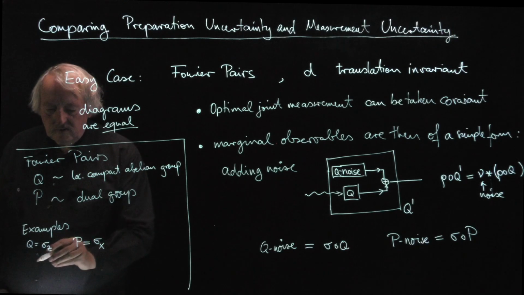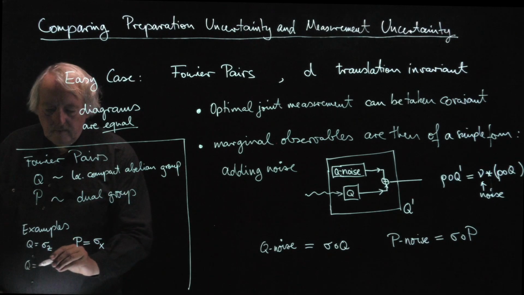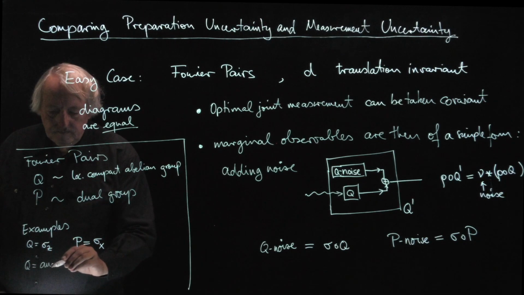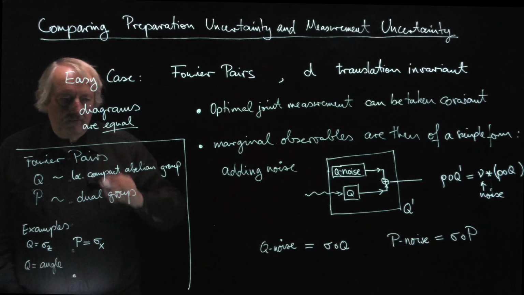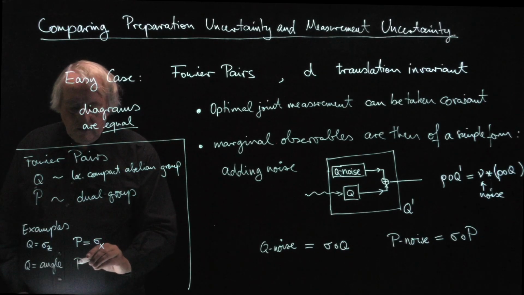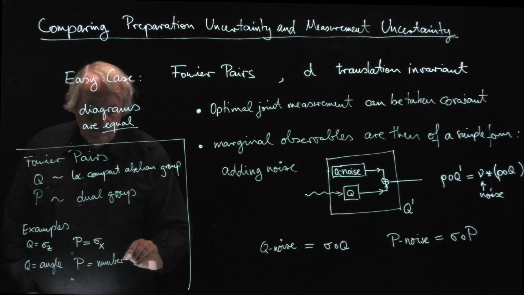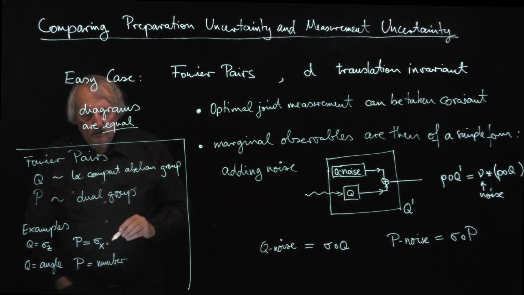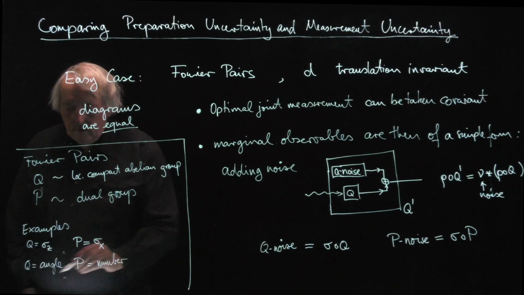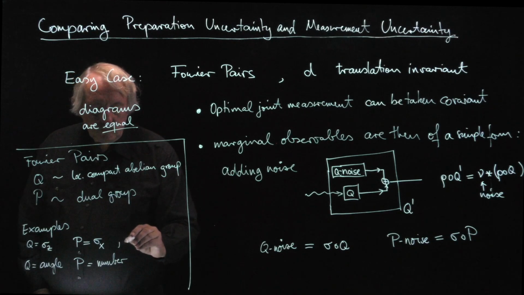Or you could say Q is angle, so it's a phase, right? And P would be the number. So the phase-number relation, angle-number, would be the same. Or many qubits.